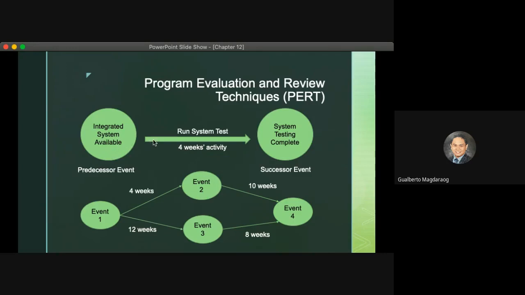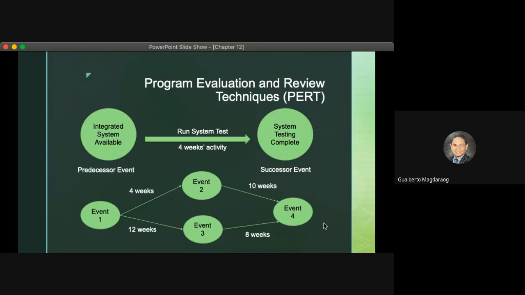Okay, and then the arrow in between the circles is the one with a period or time frame. So for this one, it's a 4 weeks activity. And then the circle after the arrow or the line is what we call a successor event. And therefore, the successor event will not occur unless the predecessor event is finished within the time frame specified in the arrow.